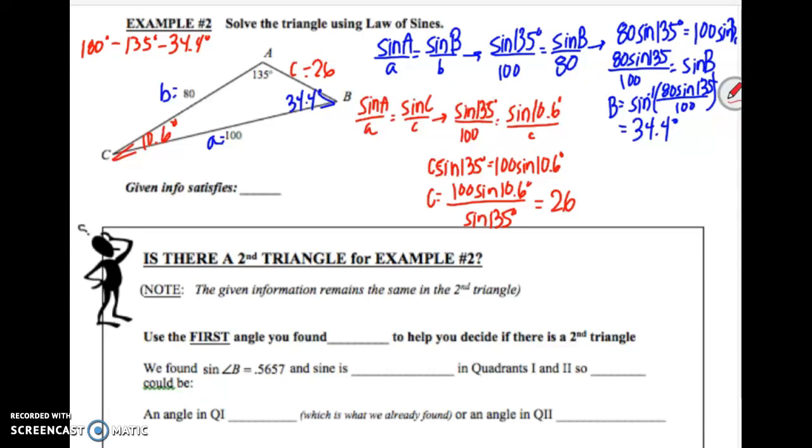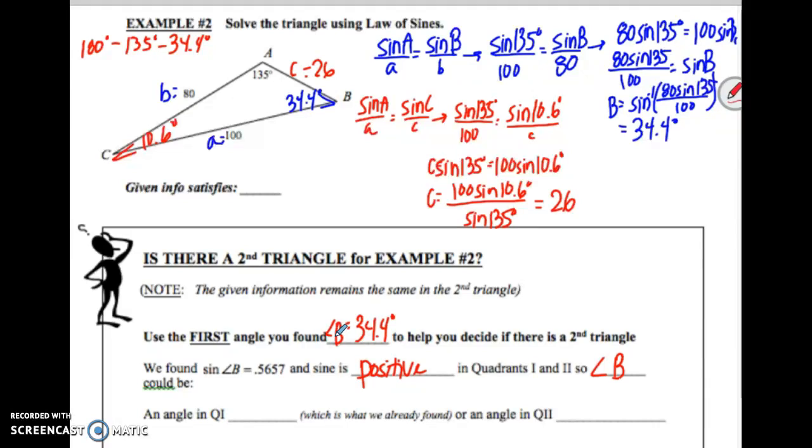Now we can ask ourselves, is there a second triangle for example number 2? We want to use the first angle we found, which is the measure of angle B, which equals 34.4 degrees, to help us decide if there is a second triangle. We found that sine of angle B is equal to 0.5657, and sine is positive in quadrants 1 and 2.